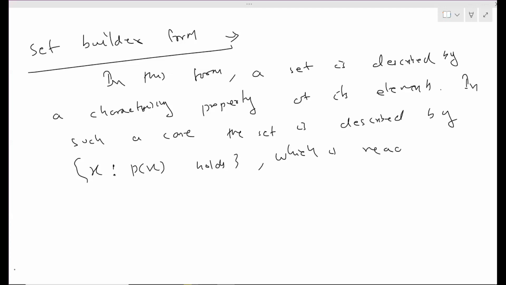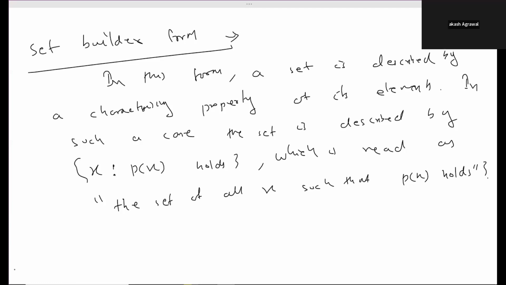Which is read as the set of all x such that p of x holds. ओके, ये लिख लीजिए, मैं समझाता हूँ आपको क्या कह रहे हैं.